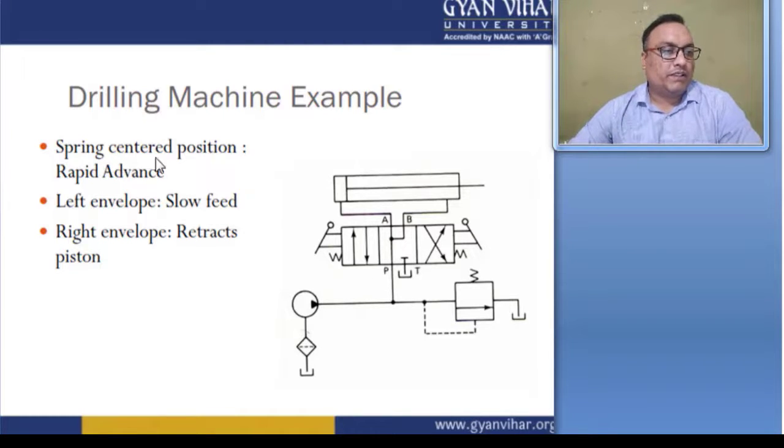And here a spring centered piston, rapid advance, the left envelope gives slow feed, and the right envelope gives the retract position. So two speeds are available: one is the slow speed and another is the high speed for the second operation. So this is the circuit of the drilling machine example for a hydraulic case.